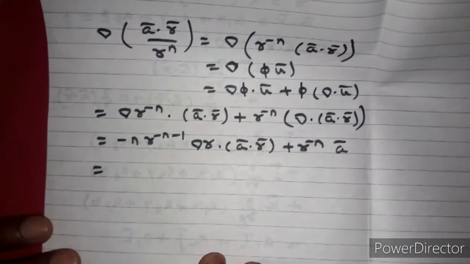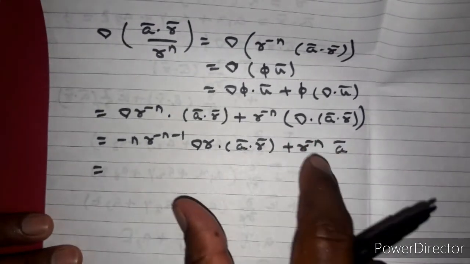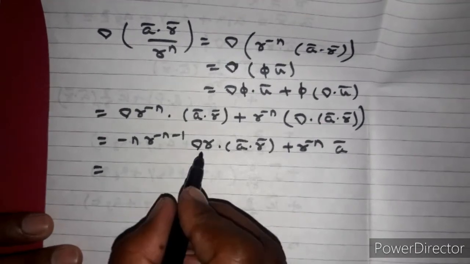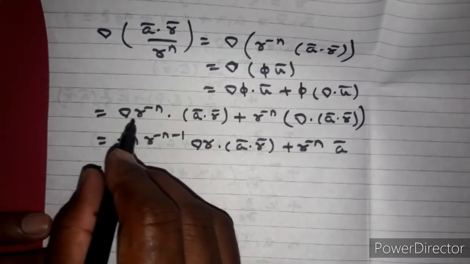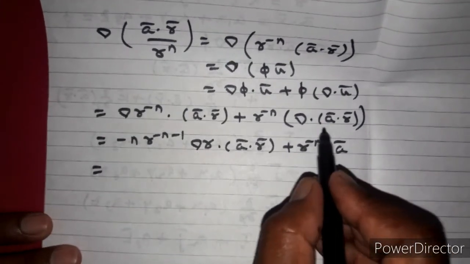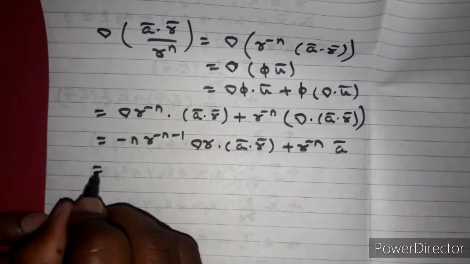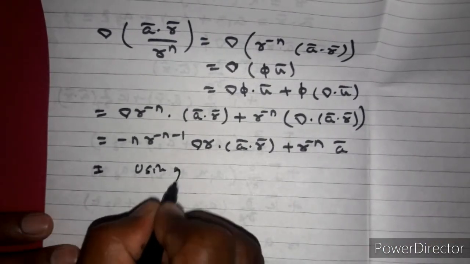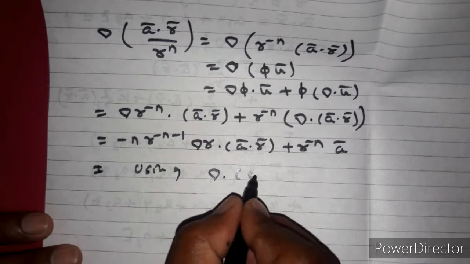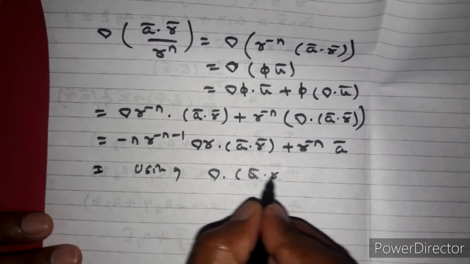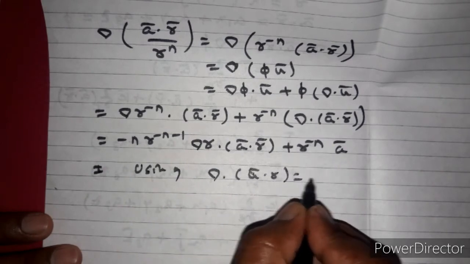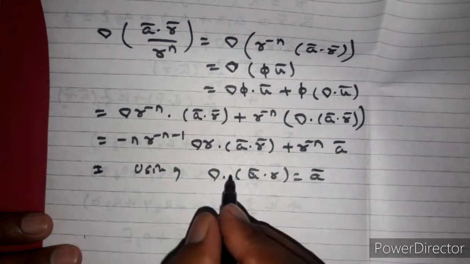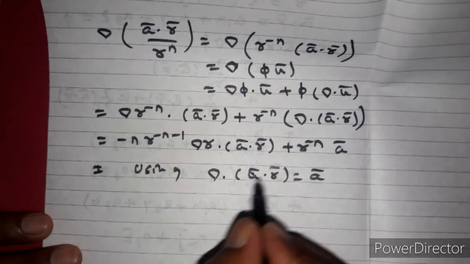What we have used here is that the derivative of r is del r, and del of a bar dot r bar is equal to a bar; no need for dot because it is a scalar quantity.